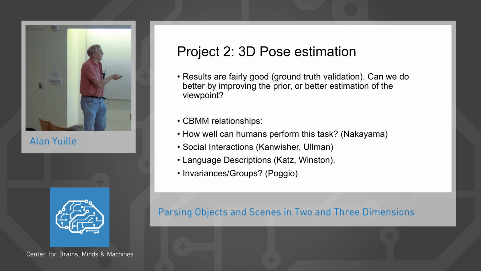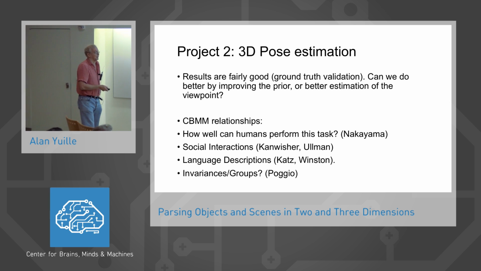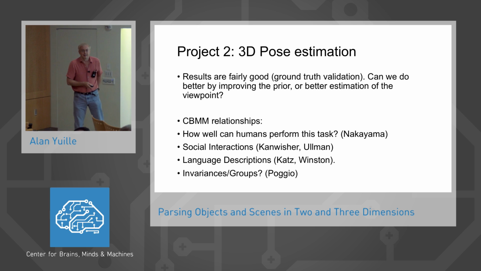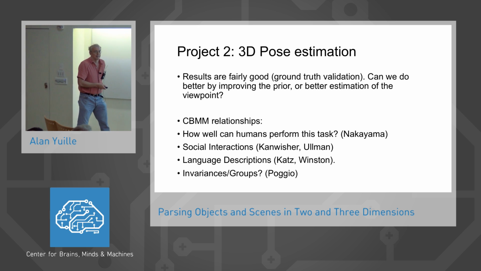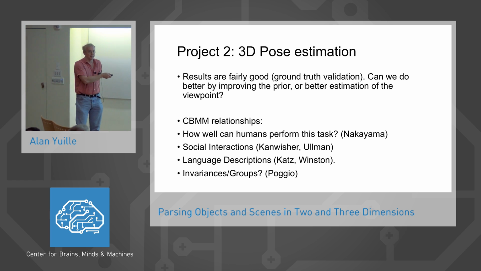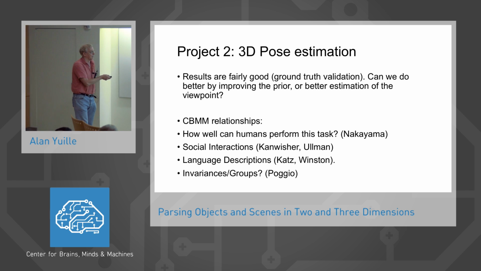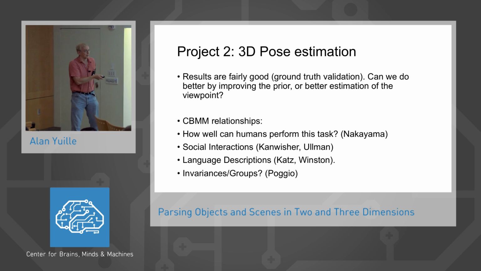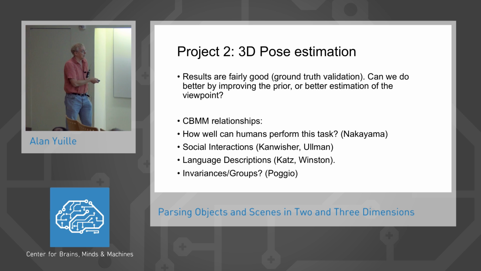And connections to human perception: how well can humans perform this task? Well, I asked Ken, and Ken is saying that the evidence that humans can get good 3D depth estimation doesn't seem to be terribly strong. But I don't know if anyone has tested it under these types of conditions, and I would think it perhaps shouldn't be too difficult. Social interactions: you could use these models to analyze people interacting with each other, and you could get language descriptions of them.